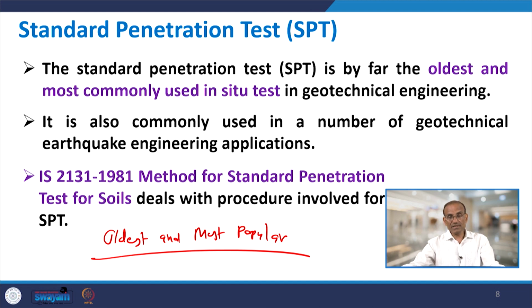It is also commonly used in a number of geotechnical earthquake engineering applications. For example, liquefaction. When we discuss liquefaction, you can correlate the liquefaction resistance using the SPT data, N values. And there is an IS code, IS 2131 1981, which is called Method for Standard Penetration Test for Soils, which deals with the procedure involved for SPT.